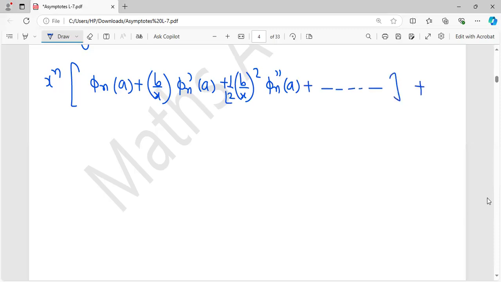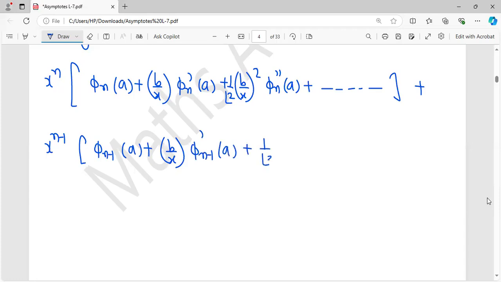Now for the next term, we take the expansion of phi n minus 1 (a plus b upon x): x phi n minus 1 (a) plus b upon x phi n minus 1 dash (a) plus 1 upon factorial 2 b upon x square phi n minus 1 double derivative (a), and proceed like this.